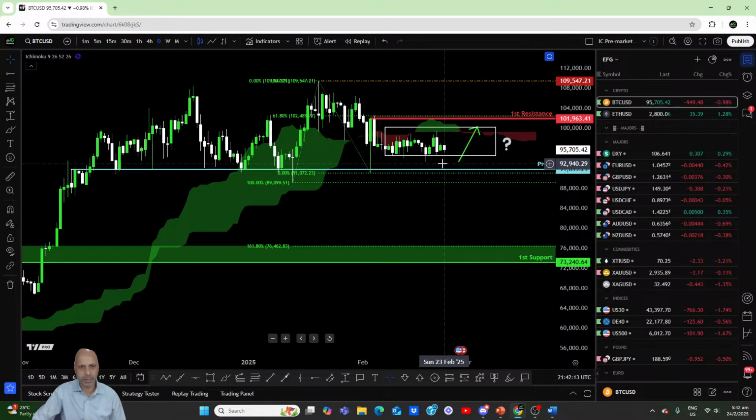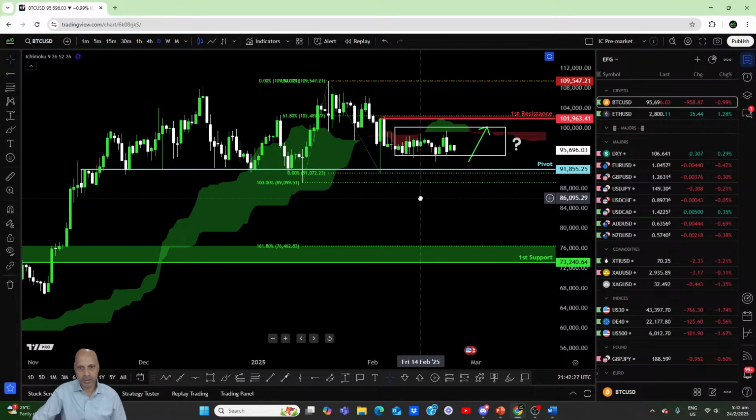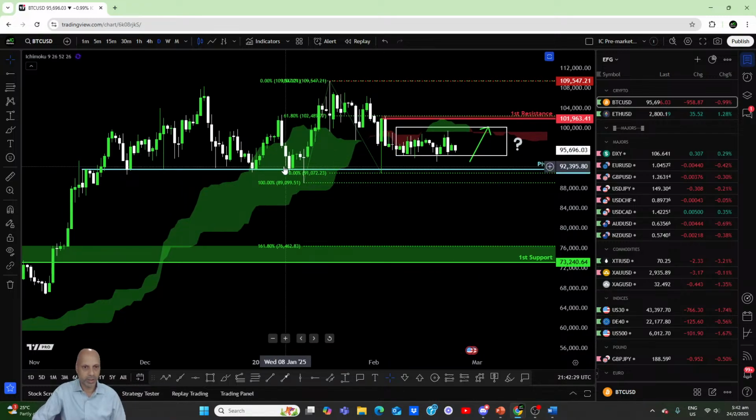So for more of a short to medium term time frame, if we do see Bitcoin break out of this sideways channel as identified by the white box, it could stabilize at the overlap support, which is the pivot, and this region here could be a better opportunity to identify a nice rebound for Bitcoin, because we can see that this is a significant overlap where this coin has bounced off multiple times since 26th of November 2024.